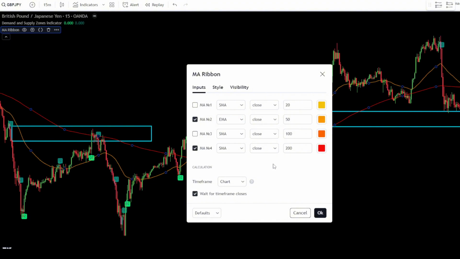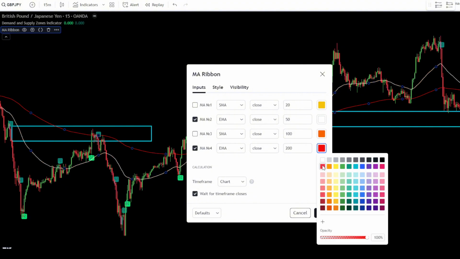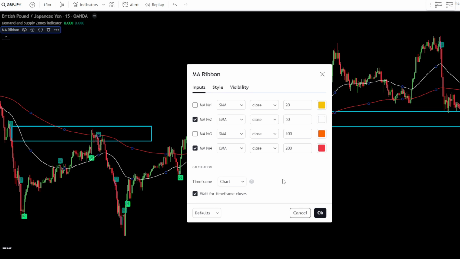Similarly, change the setting for MA4 to EMA. For the colors, adjust them according to your preferences. Once you're done, simply click OK to confirm the changes.